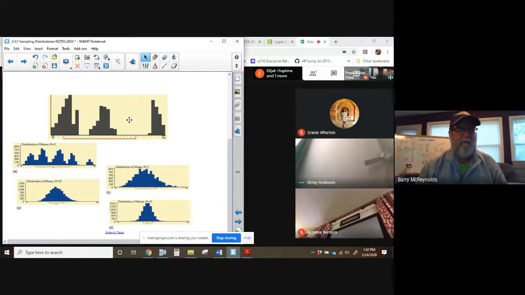Every year I give a couple of questions on the chapter test about the central limit theorem, and students get this confused, so I want to start from the beginning. The central limit theorem only applies to a sampling distribution of sample means. Central limit theorem does NOT apply to the sampling distribution of sample proportions.